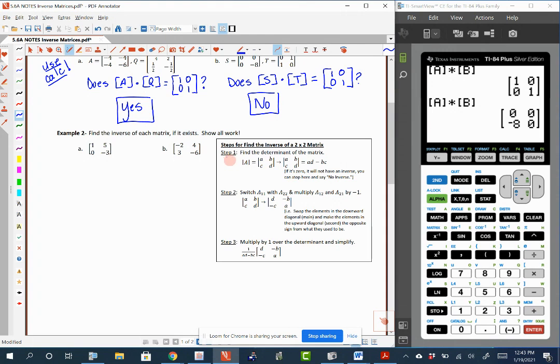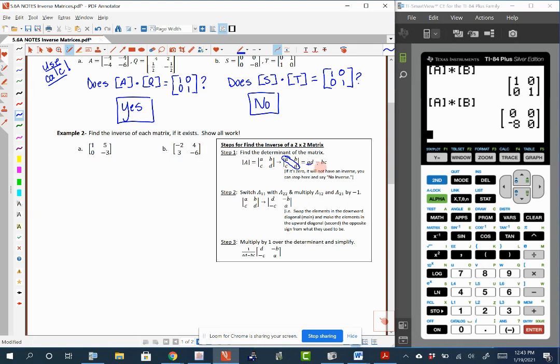So step number 1, we want to find the determinant of the matrix. So remember, determinant can be denoted by these two bars, almost like absolute value bars. So when we see this around a matrix, this is telling us to find the determinant. So to find the determinant, we take what I call the main diagonal, A times D, and we get that product.